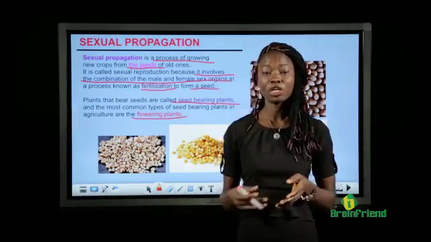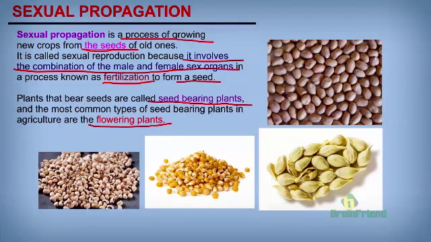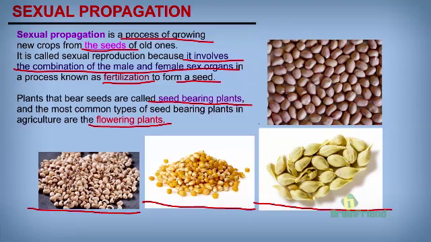So flowering plants produce seeds as well. Examples of crops that can be cultivated sexually are the cowpea plant, which is a common beans, maize plant, orange plant, and the groundnut plant. These are crops that produce seeds.